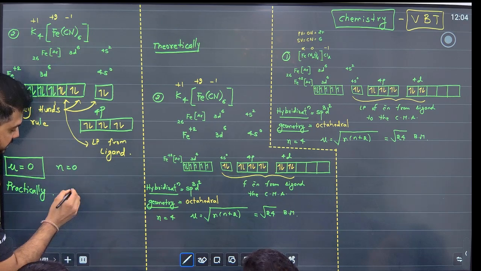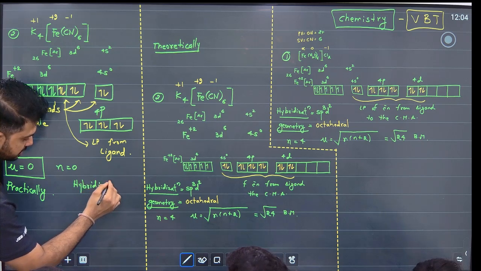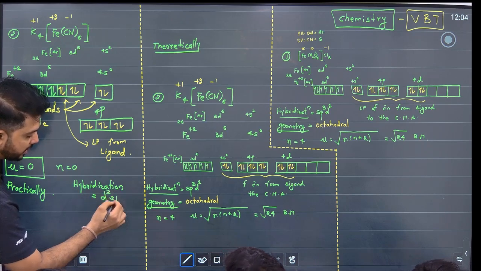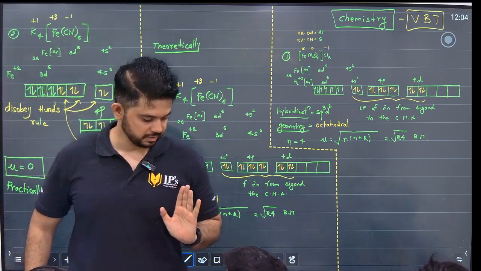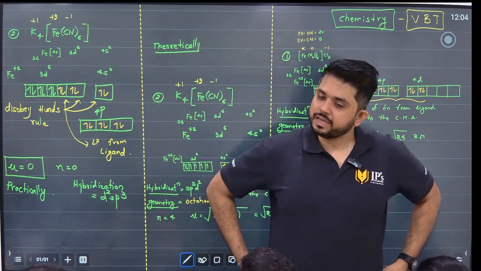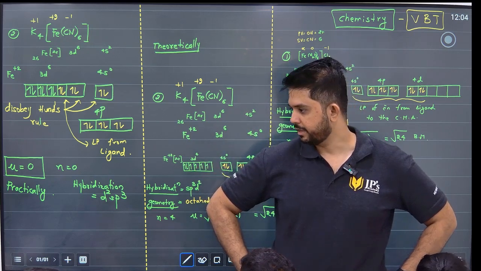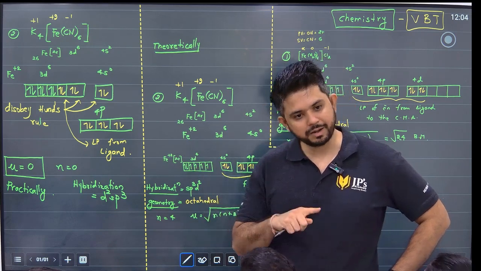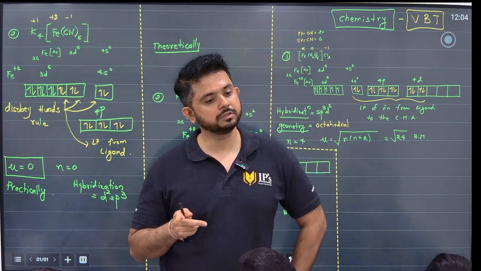Now give me the hybridization. Hybridization is d2sp3. Now it remains octahedral. Now this problem came up: in case of hexaaqua ion 2, the magnetic moment matched theoretically and experimentally.